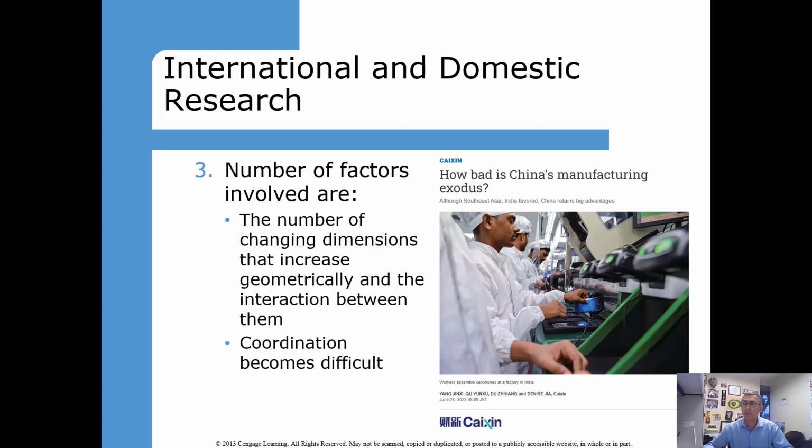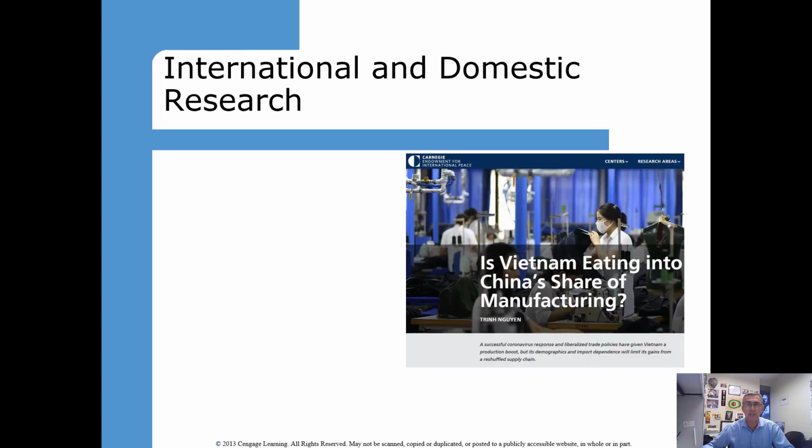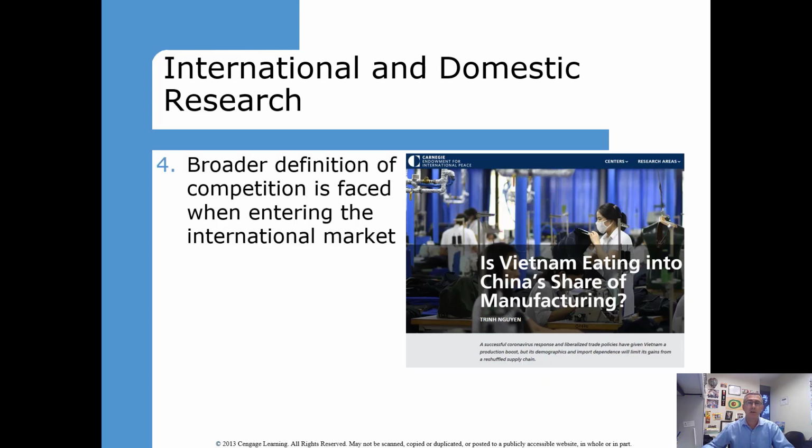Again, Southeast Asia is a big area, and India has really gotten a lot of business from, in this case, China. So this is one of those examples of foreign direct investment, if you want to recall that from your previous class. And a broader definition of competition is faced when entering the international market.